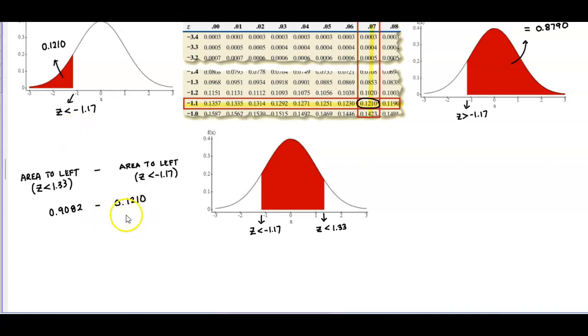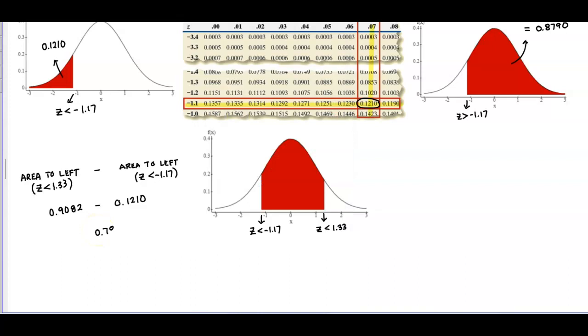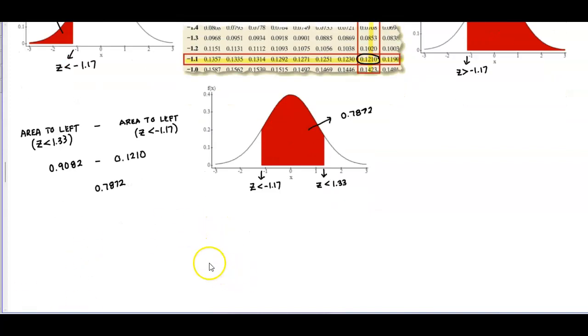So when we subtract those two areas, let's go ahead and do that. 0.9082 minus 0.1210 gives us an area of 0.7872, which then represents the area that's in the middle. And so that's how we find the areas using the table.